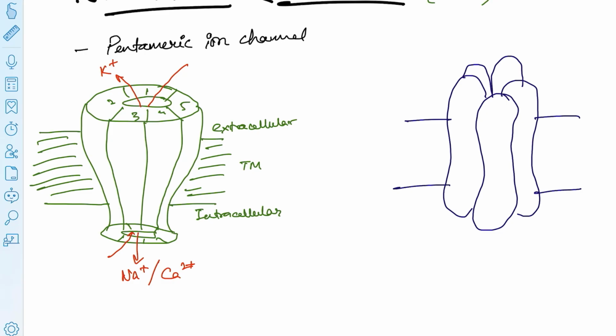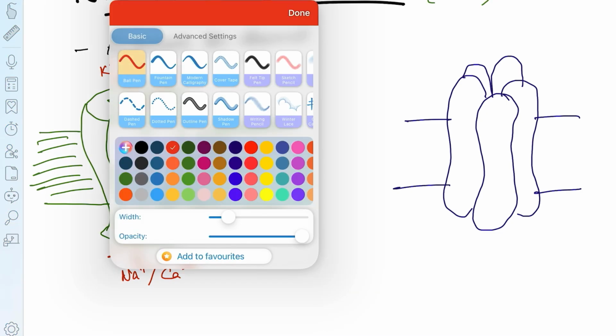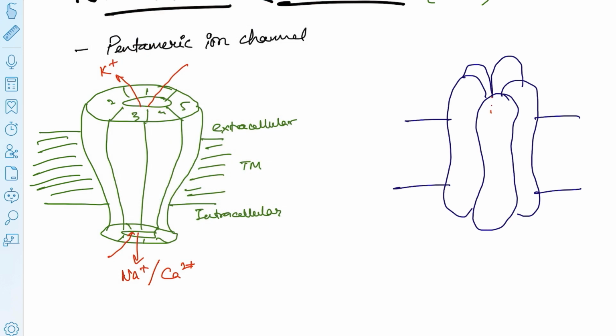This is in the transmembrane region, and this is the pore region, present just behind this front subunit. Whatever ion is coming, it causes influx of sodium or calcium ions, and it can cause efflux of certain potassium ions from the cell.